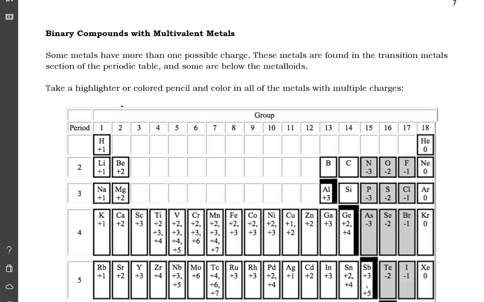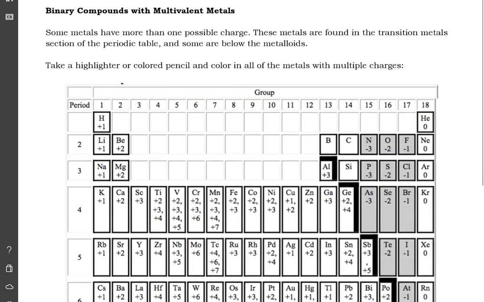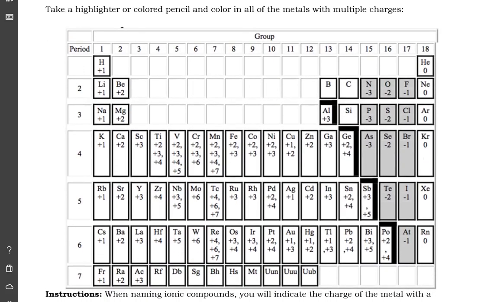This time we're going to be looking at multivalent metals. If you take the page in your book and get a yellow highlighter out, what I want you to do right now is highlight all the boxes that have only one charge in them. Not necessarily +1, but there's only one option in the box.